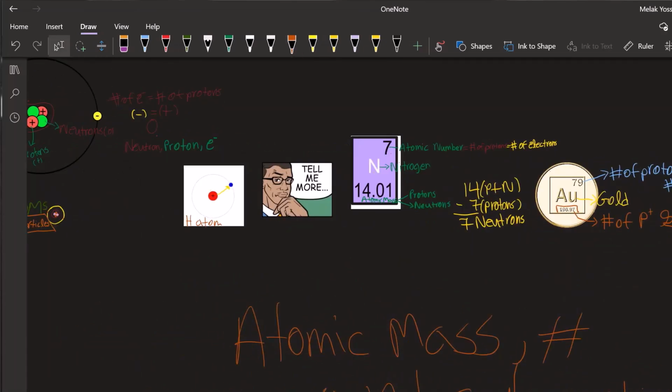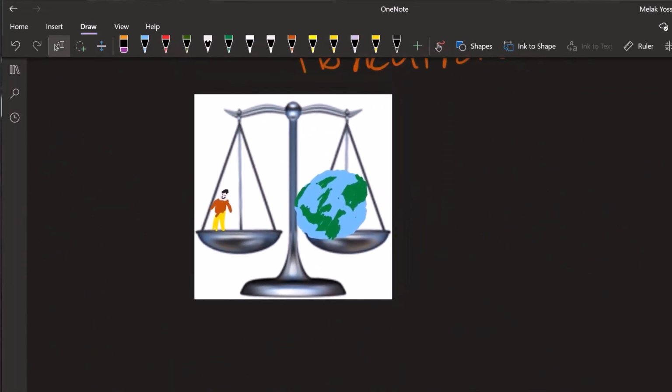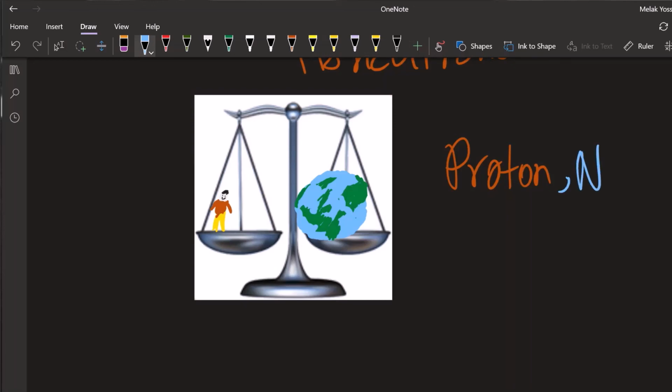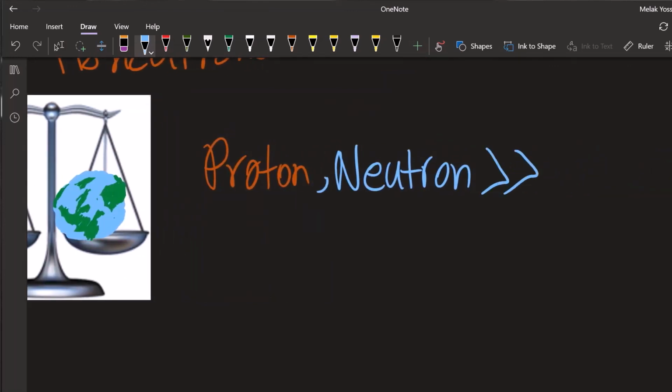Now, I just want to illustrate the reason we don't account for electrons in the atomic mass: they're so small compared to the other subparticles. A proton or neutron is significantly, way bigger than an electron, mass-wise.